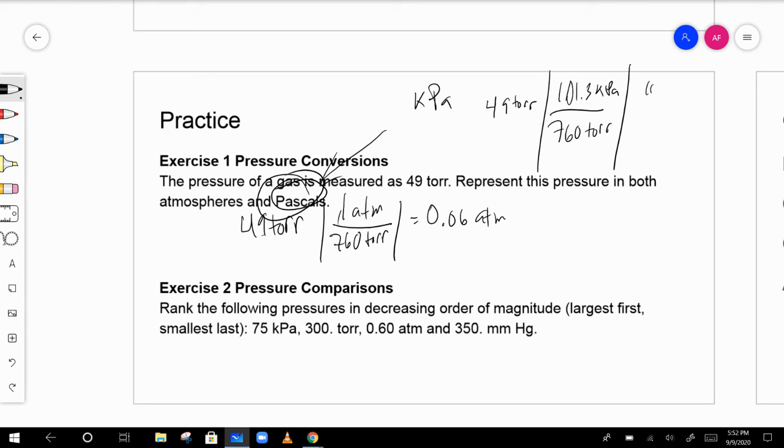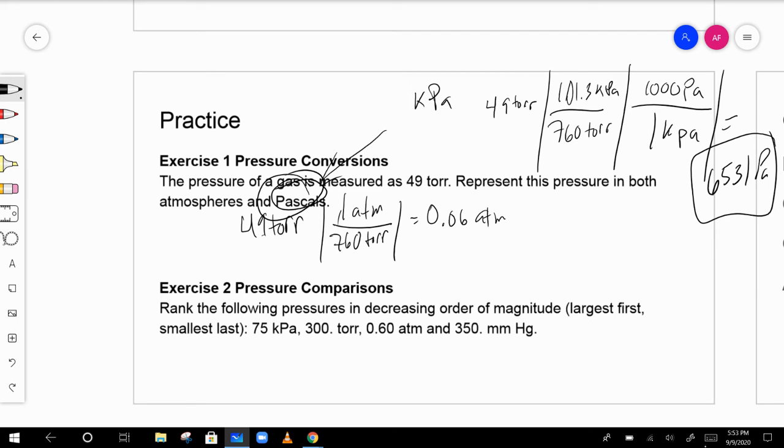And then there's 1,000 Pa in 1 kPa. So it's just trying to trick you there, but that's it. 49 times 101.3 divided by 760 times 1,000. And you get a big number, 6,531 Pa.